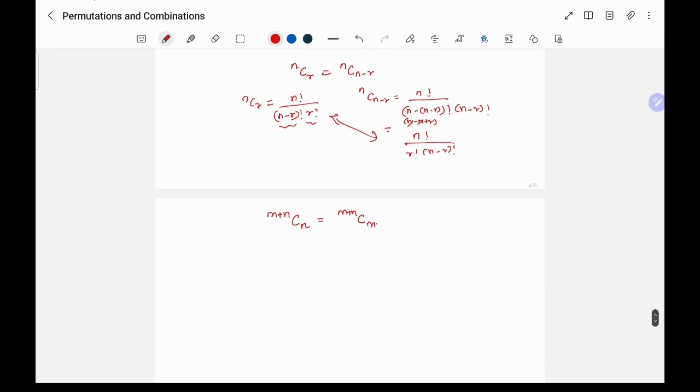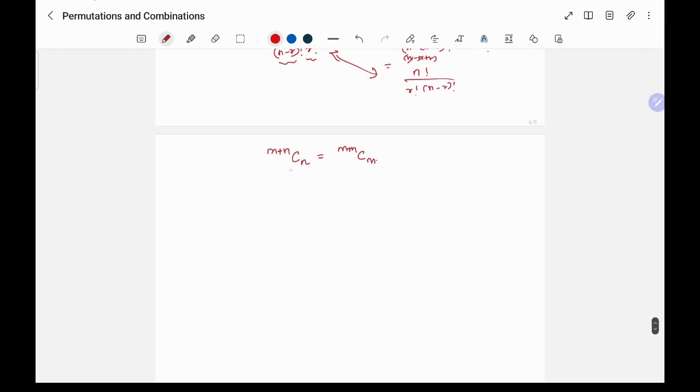To visualize this, it is like saying the number of ways of selecting n of them is the same as the number of ways of leaving out m of them, correct? So if you visualize, they both are equal, sentence-wise and mathematically also.